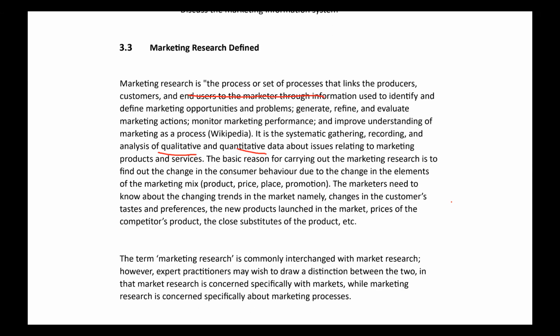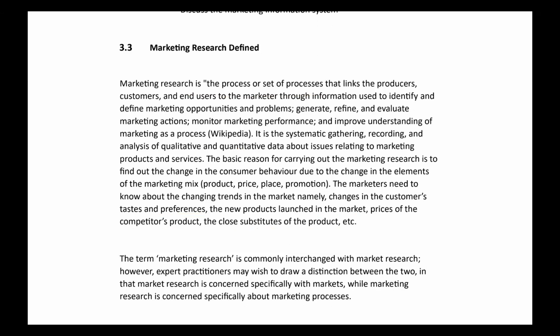So marketers usually need to know about the changing trends in the market, namely the changes in the tastes and preferences of customers, the new products that are launched in the market. We need understanding about the prices of the competitors' products and the close substitutes of the product, among others. These are the main things that we need to understand and appreciate.